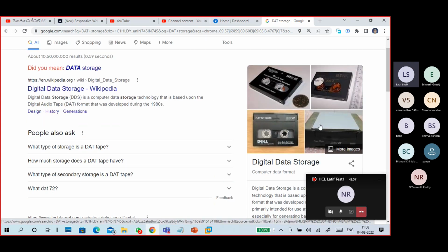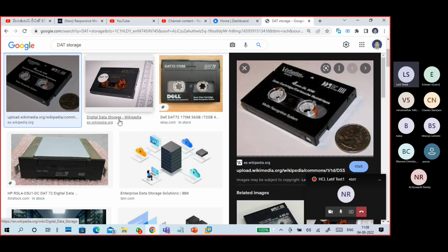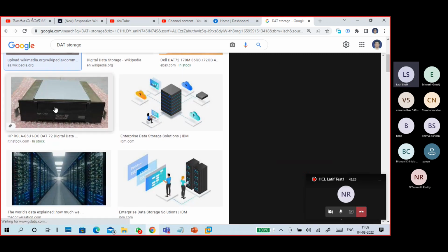Not a big deal. In earlier days, we had audio cassettes. It looks like this, but a little thinner. It contains a magnetic tape, so the audio is stored on the magnetic tape. The read and write head collects the data and forwards it.